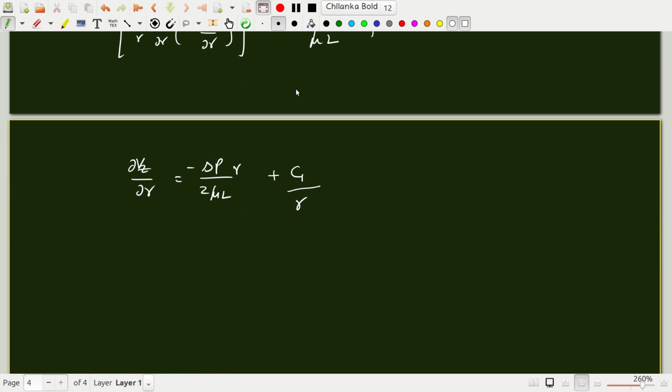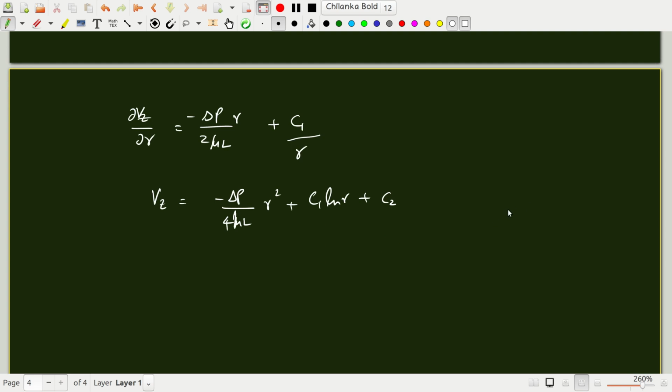Now if I integrate this once more, I'll get Vz is minus delta p by 4 mu L r squared plus C1 ln r plus C2. Now at r equal to 0, the center of the axis of the cylindrical pipe, Vz cannot diverge.